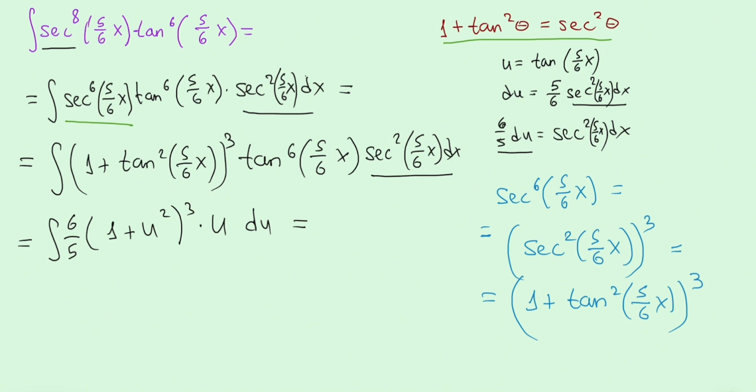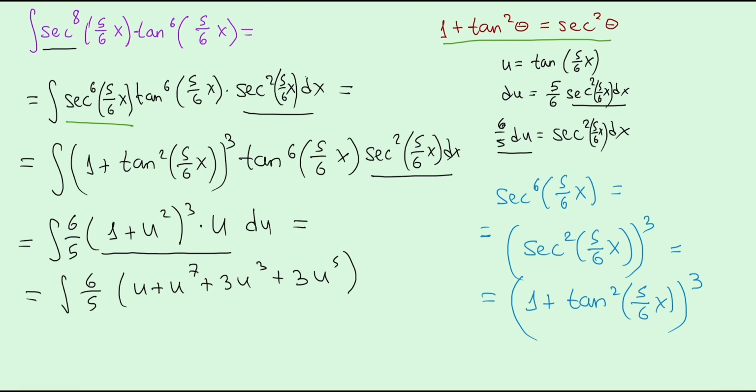And from here, this would look like something we could easily integrate. So first we distribute all of this. After distributing the function, we will get 6/5 times u plus u to the 7th plus 3u cubed plus 3u to the 5th.